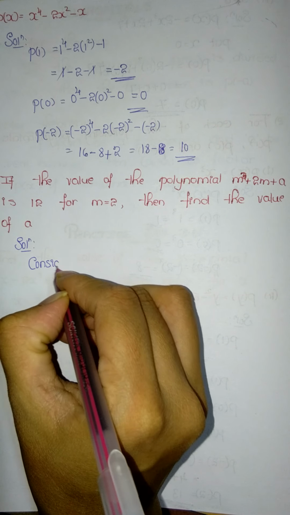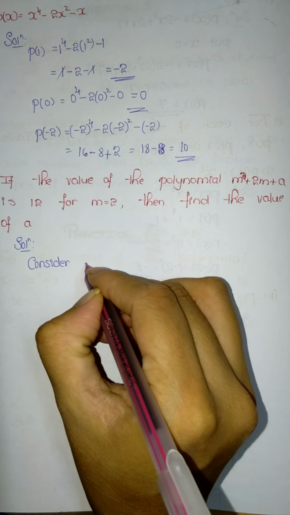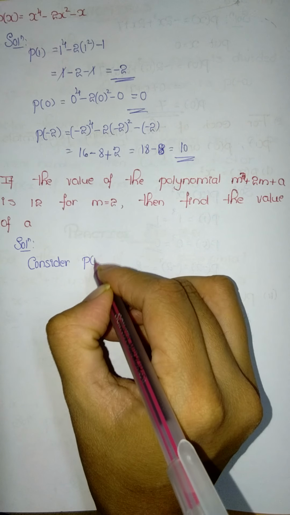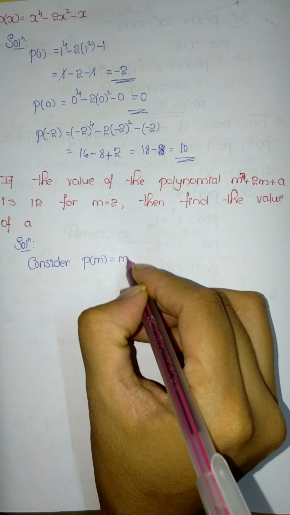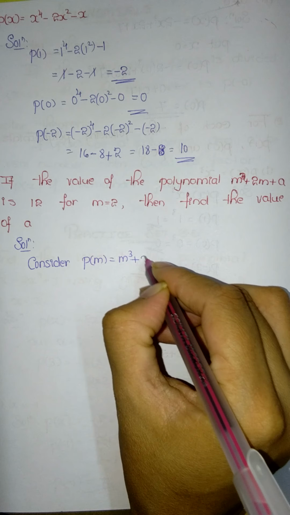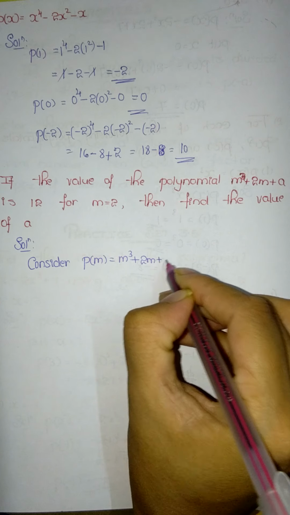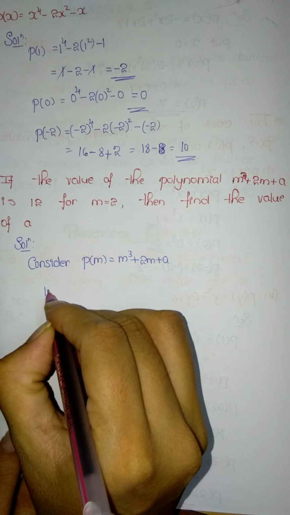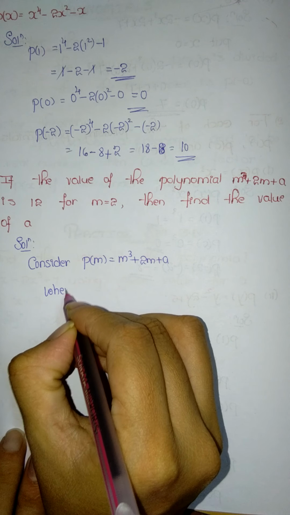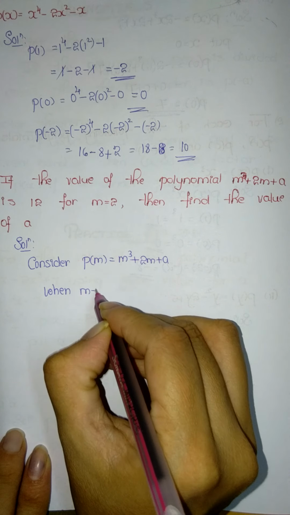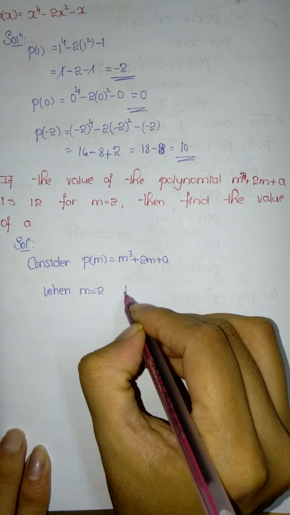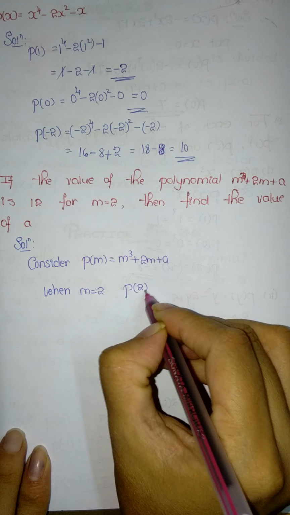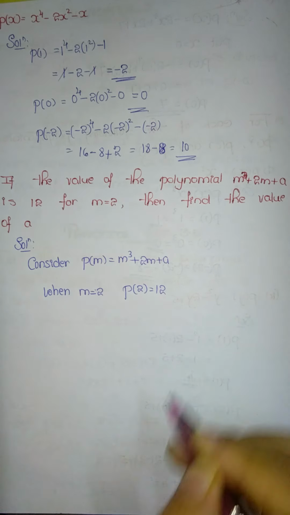So consider p of m is equal to m cube plus 2m plus a. So here when m is equal to 2, p of 2 is equal to 12, already given.